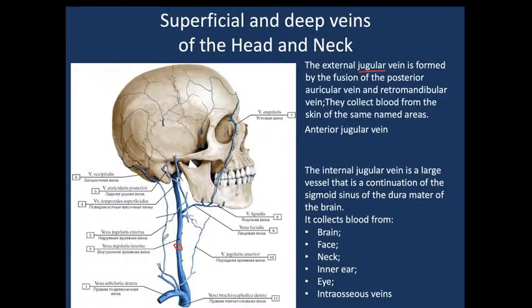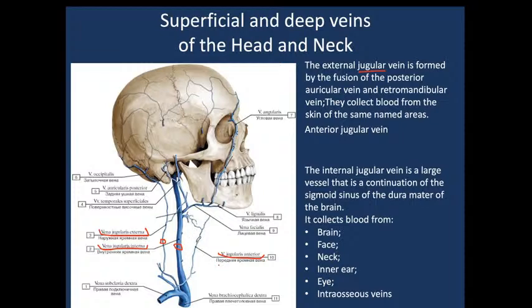The second is the external jugular vein. Here, this is the Latin term, vena jugularis externa. Here, the internal jugular vein or vena jugularis interna, and we also can find the small vena jugularis anterior, or anterior jugular veins, here.